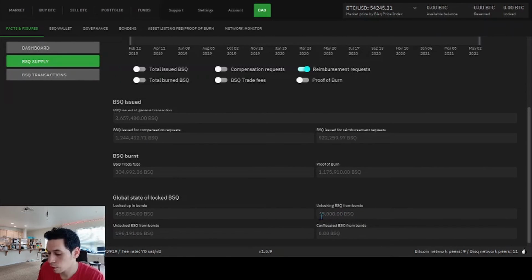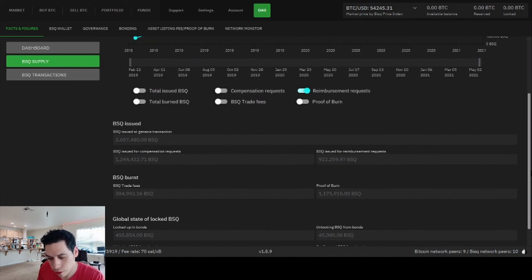I guess that I don't know what time frame that means or when they're going to be unlocked, but there's 45,000 unlocking. And 0 BSQ has been confiscated. Congratulations to everybody who are performing their roles as they should, with no foul play. I wonder when somebody will get their BSQ confiscated.